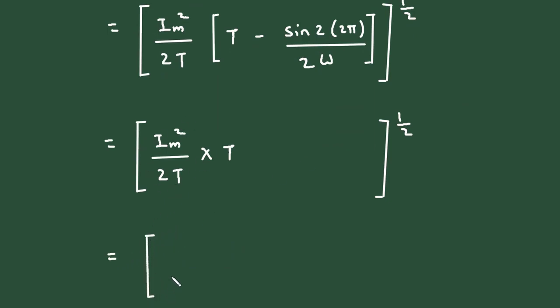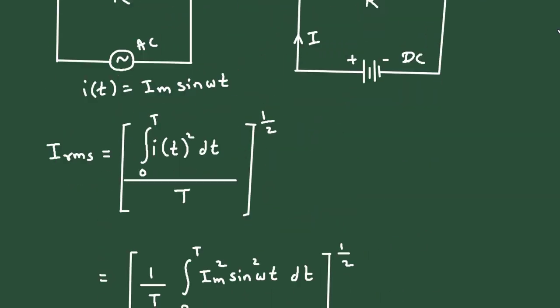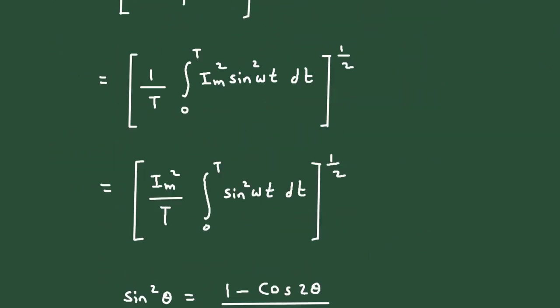Only in bracket Im square divided by 2, to the power 1 by 2. So this 2 and this 2 will get cancelled. So only Im divided by root 2, and this is all equal to RMS.